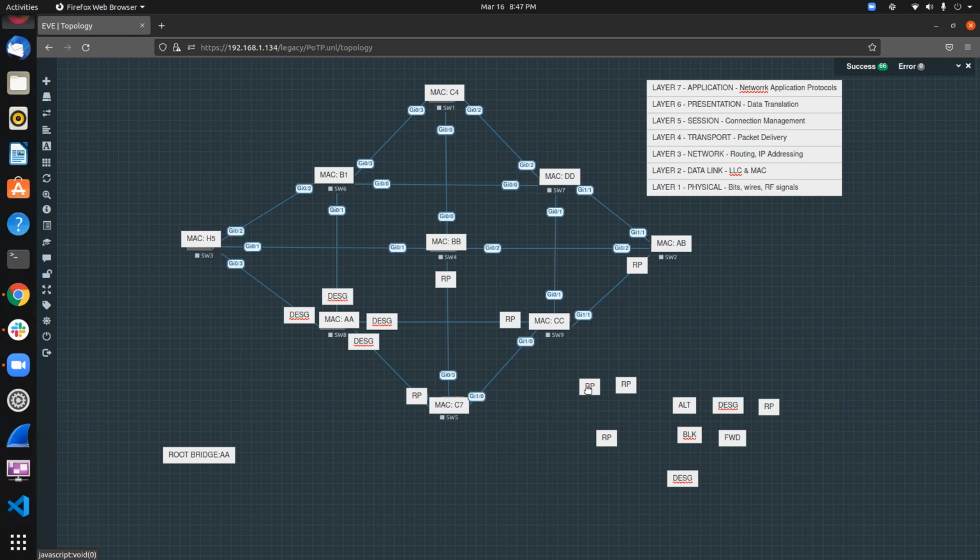So it is the less costly route. Positive? Yes. Okay. All right. Switch 1.